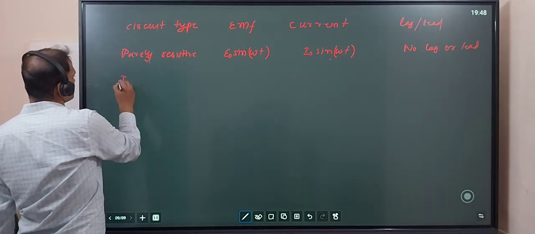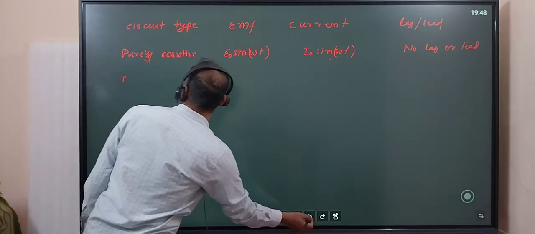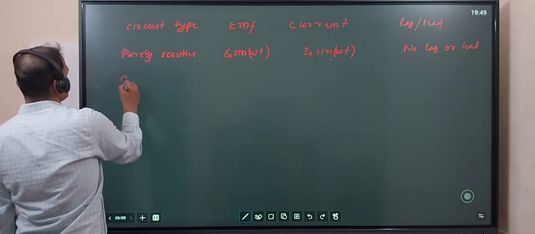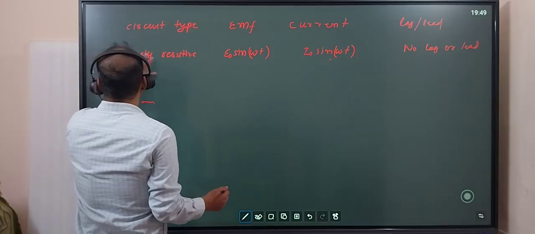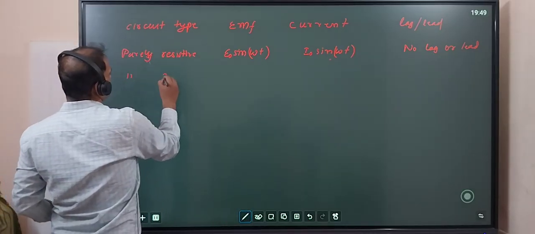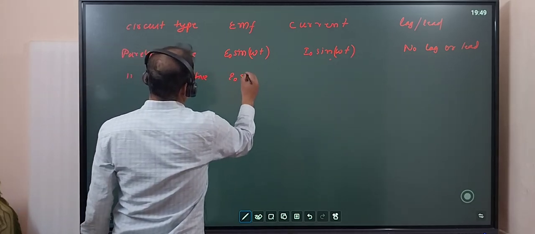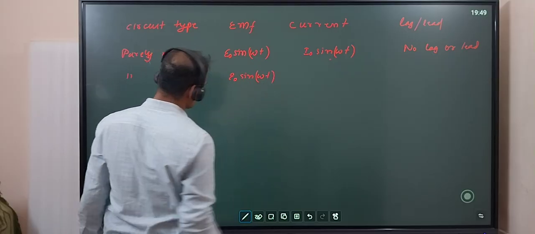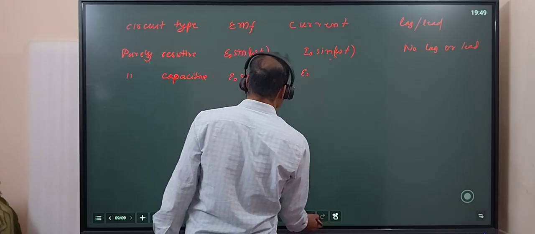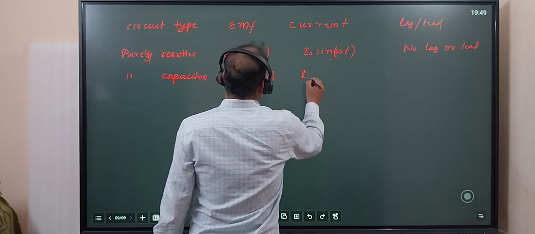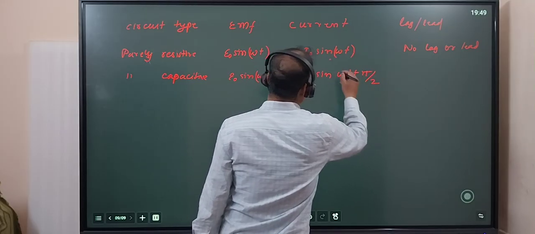And capacitive, okay. We can write inductive first also. Purely capacitive. Here it was E naught sine omega t, but the current was I naught sine omega t plus pi by 2.